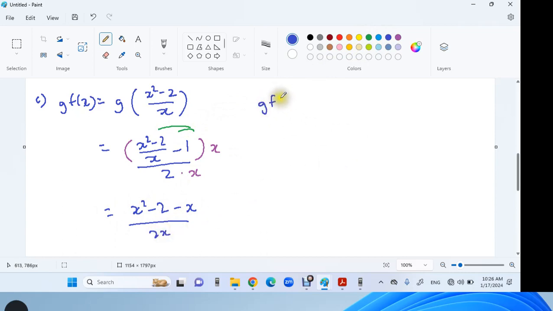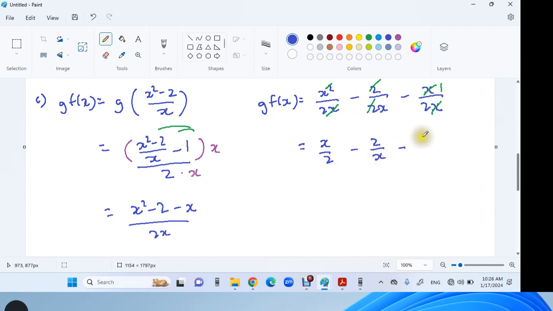Then gf(x) becomes x squared over 2x minus 2 over 2x minus x over 2x. We can cancel these, so it becomes x over 2 minus 2 over x minus 1 over 2, that is 1 over 2x.